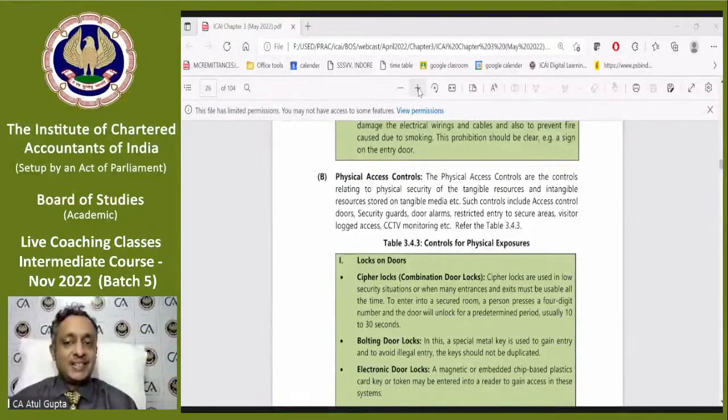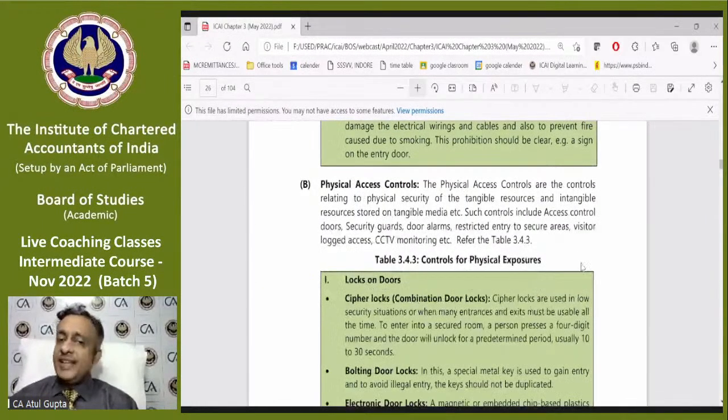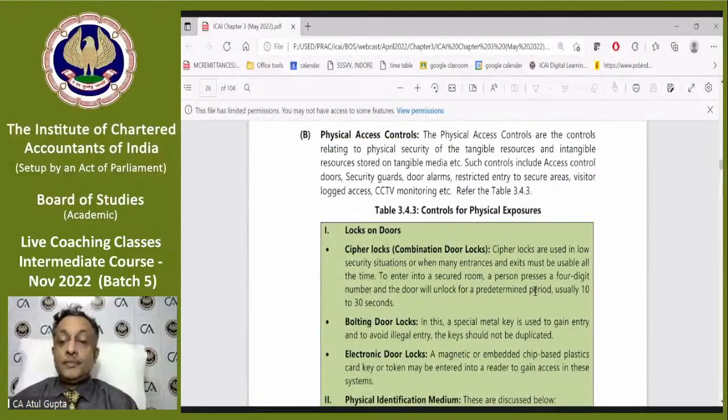So physical access control. Now the name is indicative that the control that we are going to put in place will be ensuring physical security of the resource. So first is the lock on doors. Now what I basically want, I'll be reading the controls.